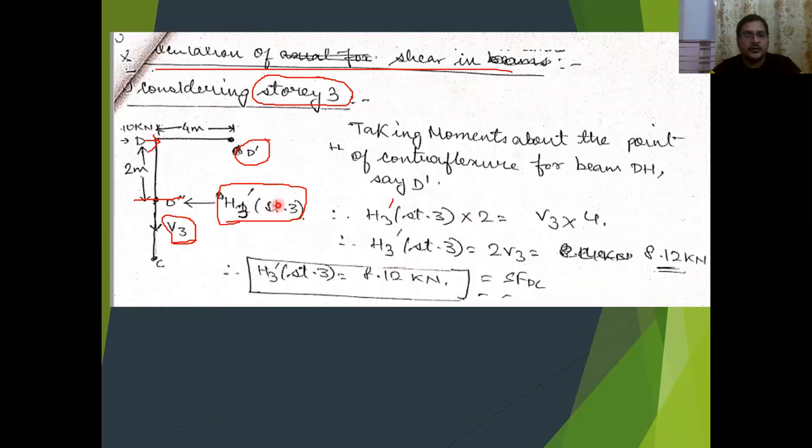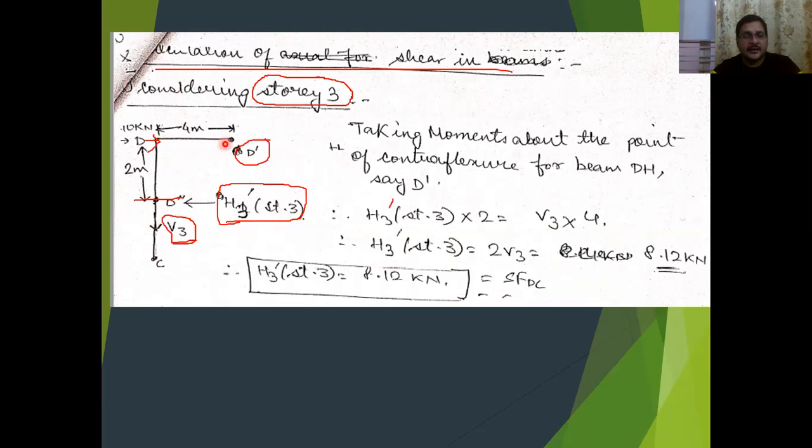Here we will consider all the clockwise and anti-clockwise moments. The horizontal force H3 dash multiplied by the perpendicular length of 2 meters is a clockwise moment acting on the left side of D dash. Consider D dash the reference point, the standing point. With respect to this reference point, H3 dash into 2 is the clockwise moment, and V3 into 4 meters is the force into the perpendicular lever arm.